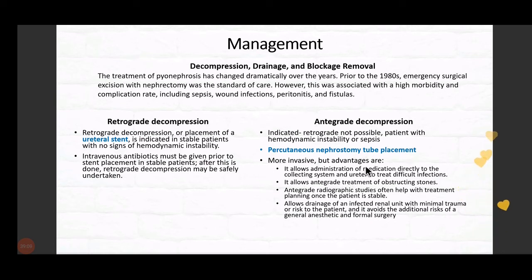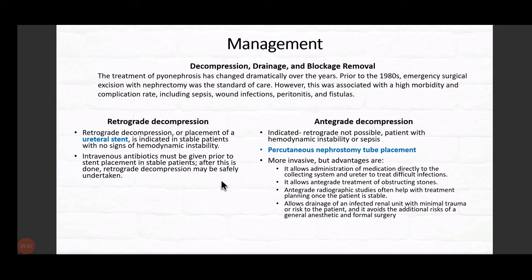You can give some medications directly through this tubing, and once you have controlled the infection, you can put up a dye, you can delineate and opacify the kidney, and then you can plan the final corrective treatment to remove the cause of obstruction.